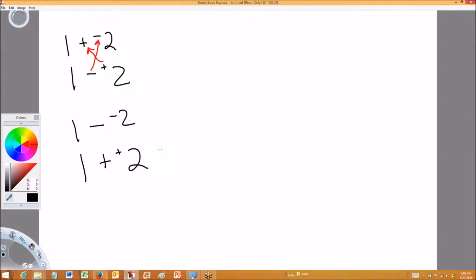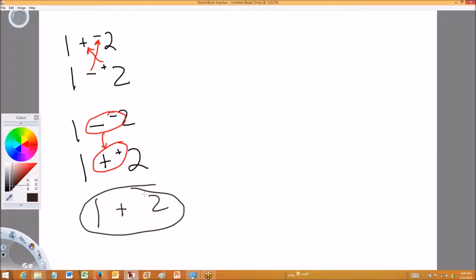That's the big takeaway in lesson 3. Again, these changed to these. And again, the easiest way to remember it is just come in and make them both pluses. And of course, this can be an implied sign. And so that's what you get, 1 plus 2. All right, that's it for lesson 3.